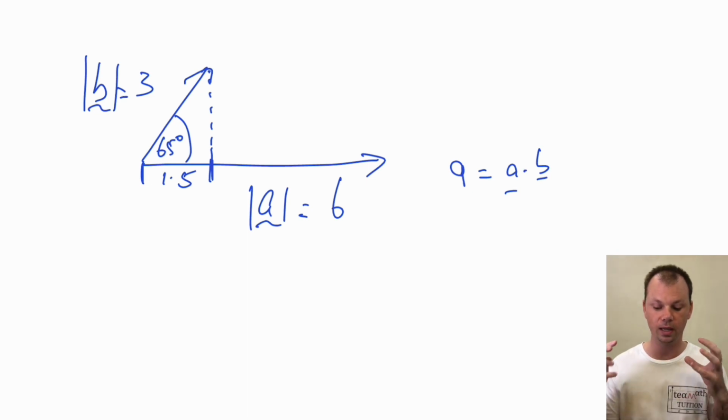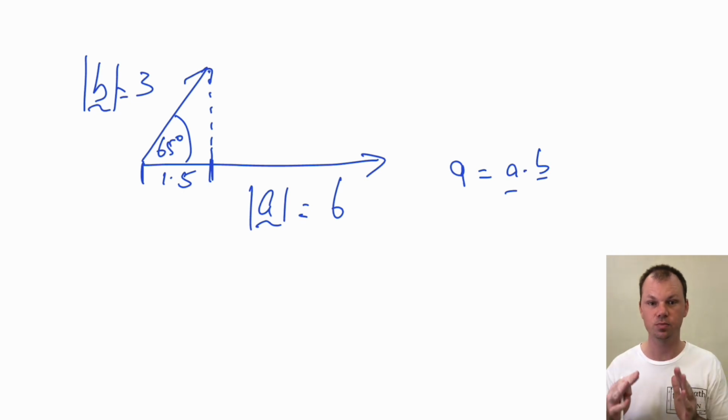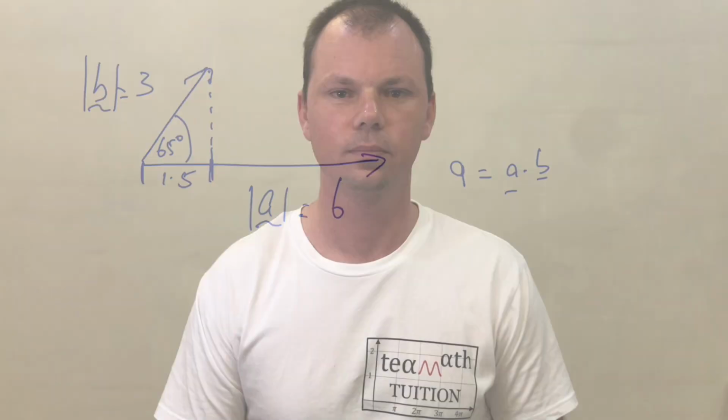So I can't stress it enough. Geometric intuition and visualizing these problems is super important. One, for your studies here, but two, for actually utilizing these studies outside of the classroom. So that's dot product.